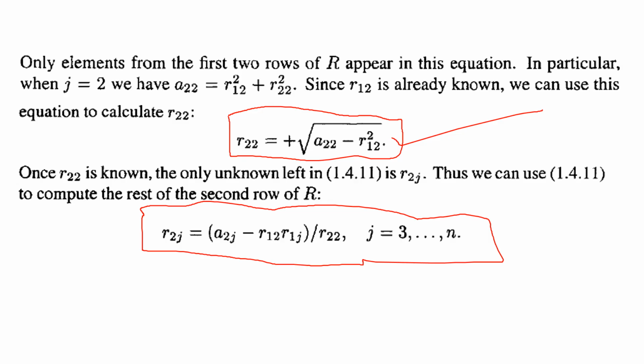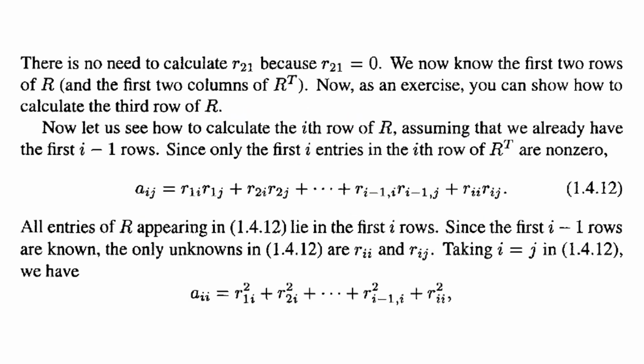We can get R23, R24 and so on by this relation. No need to calculate R21 because R21 is 0. Now we know the first two rows of R. As an exercise, you can show how to calculate the third row of R.